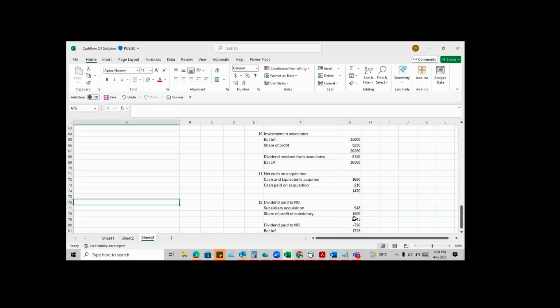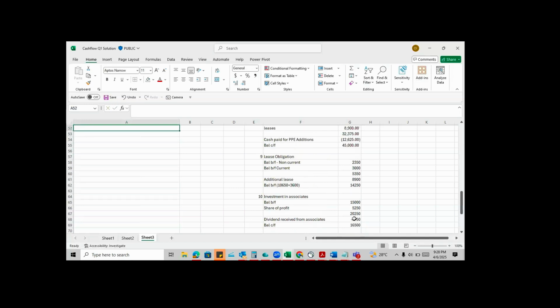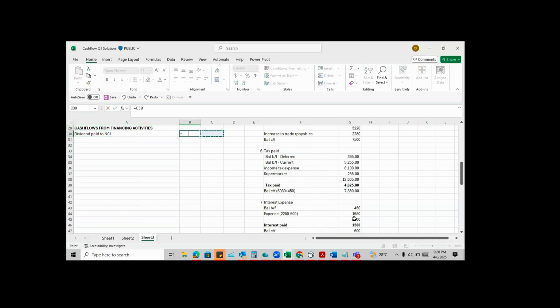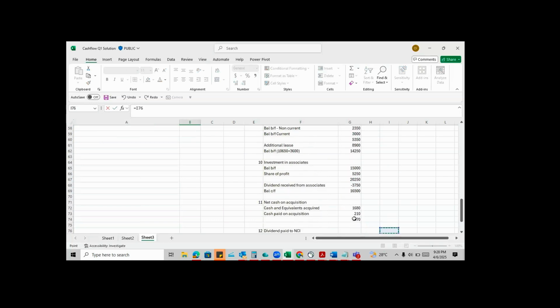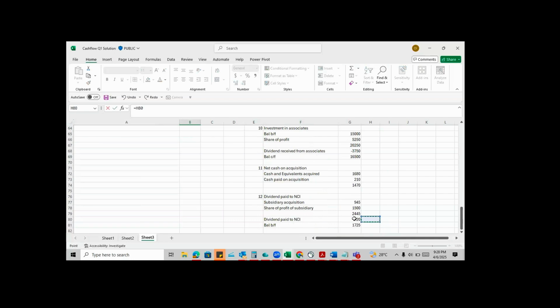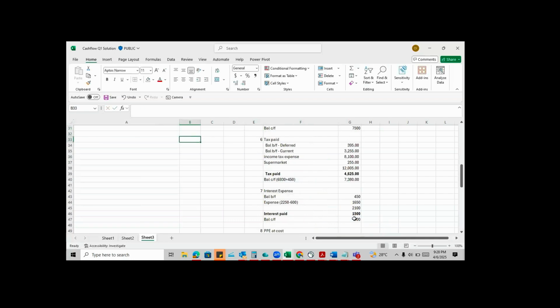All right. So the subsidiary paid that dividend. So we treat it as an outflow. Right. Okay.